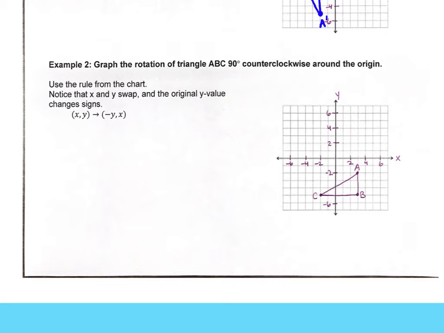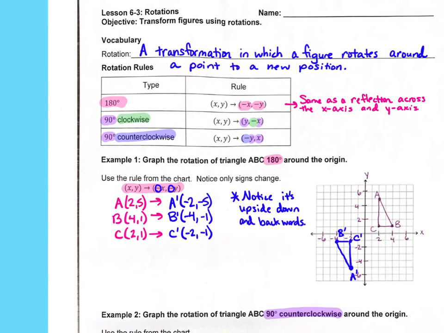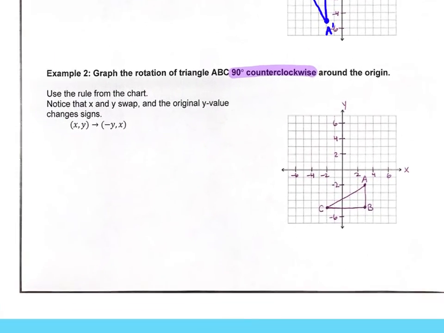Example 2, we're going to graph the rotation of triangle ABC 90 degrees counterclockwise around the origin. So we'll use the rule from the chart above. Notice up here that we look at 90 degrees clockwise, 90 degrees counterclockwise, and we have this rule where we write the y-coordinate with the opposite sign first, then the x-coordinate, and that's what we have here.